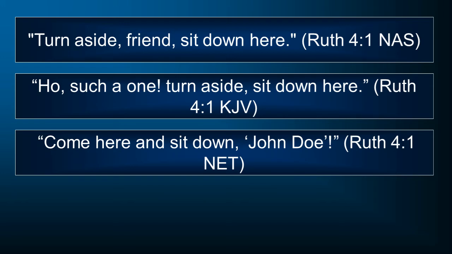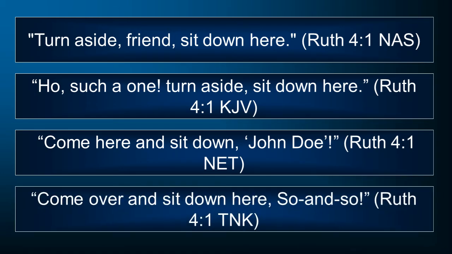John Doe, where did they get that from? It's because that's sort of a designation that's non-specific. When you don't know somebody's name, sometimes they put down on the paperwork, they don't have a name, so they just put John Doe, and that stands for whoever this person is. I don't know who it is. And then the Tanakh, and I'm going to come back to this one because I think this is actually maybe the most accurate. Come over and sit down here, so-and-so.